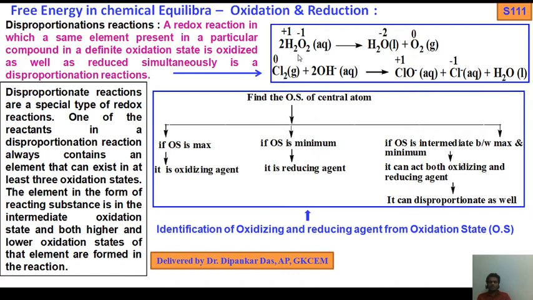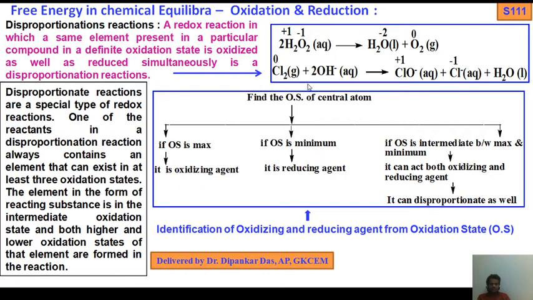So oxygen going from -1 to -2 is reduction, and -1 to 0 is oxidation. So the same oxidation state is both oxidized and reduced. That's why this is an example of a disproportionation reaction.